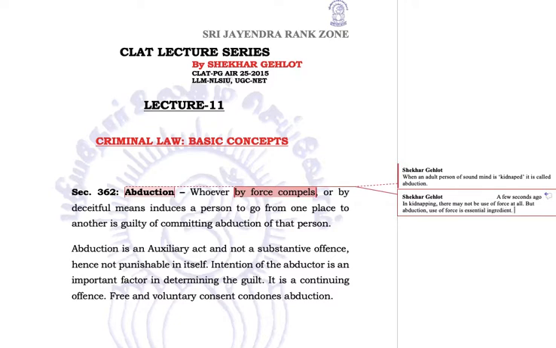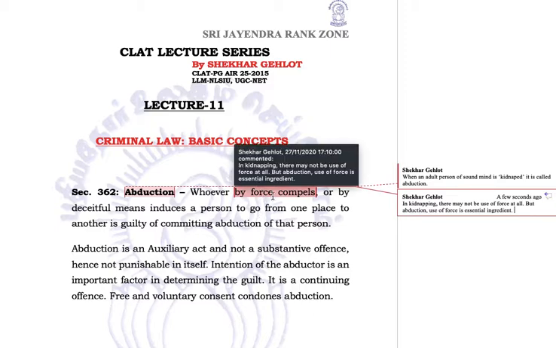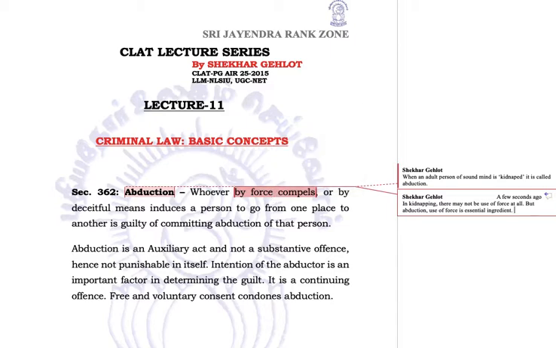There are two ingredients required to commit abduction of an adult person. One is that you abduct someone by force, like we see in the movies. You go in a car, you put a gun on someone, and you abduct that person. That is typically abduction by force, or by deceitful means.